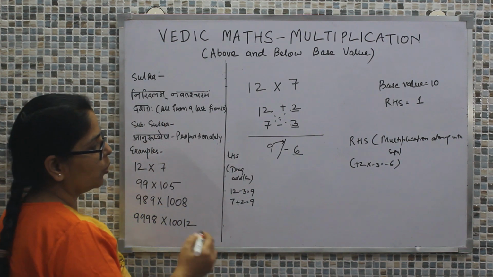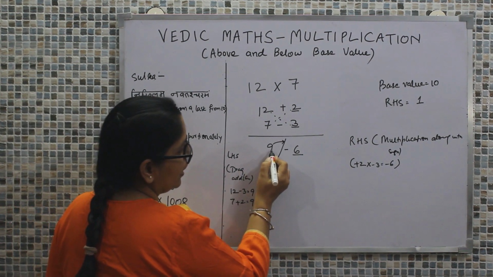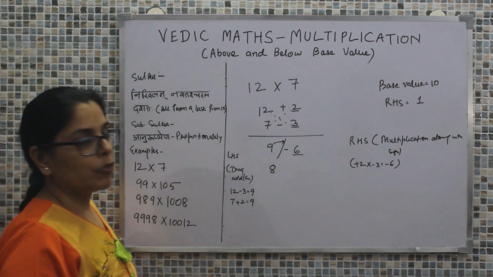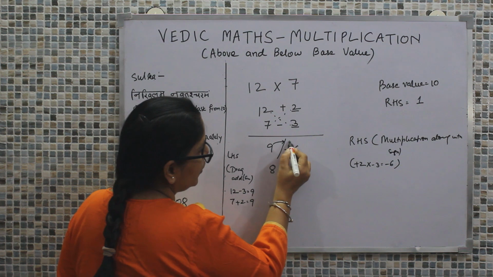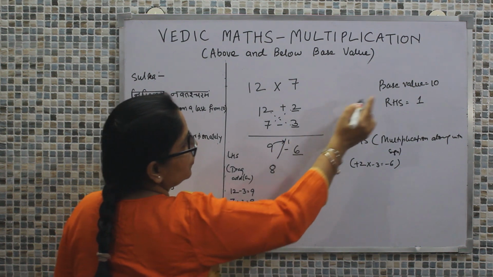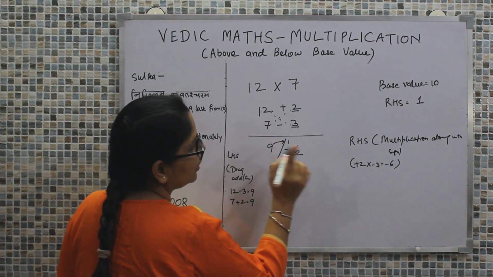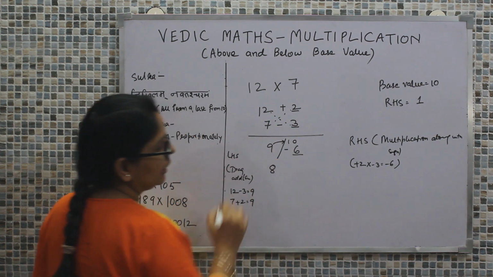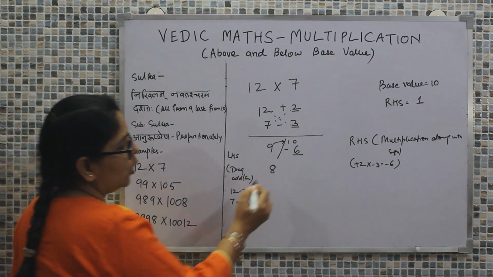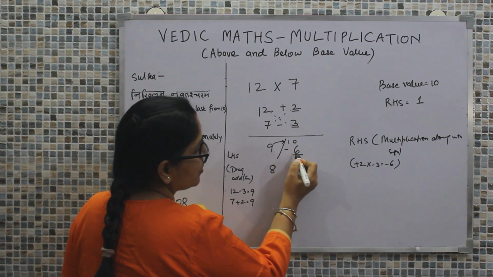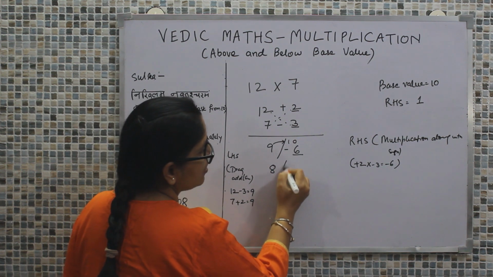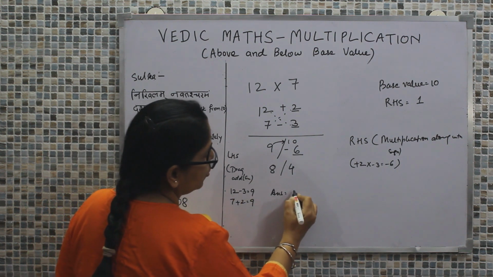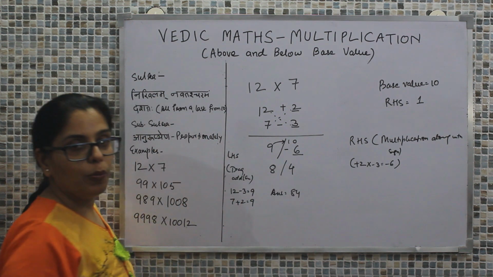The moment we borrow 1 from the LHS, this 9 becomes 8. And because we have the base value as 10, this 1 when it moves to the RHS becomes 10. Now convert the negative value into a positive value: 10 minus 6, that is 4. So the answer comes out to be 84.